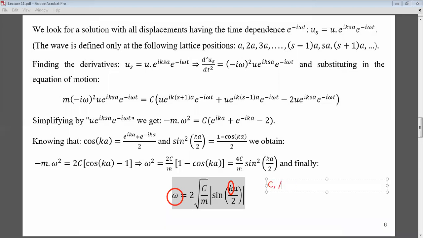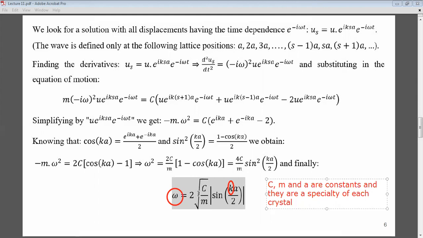And they are a specialty of each crystal. So each crystal, they will tell you the constant of oscillation is C, the mass of the atoms is m, and the distance between two adjacent atoms is a. Okay, so they are a specialty of each crystal.